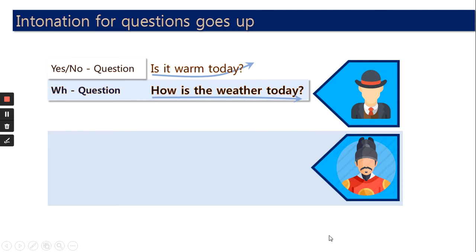How about in Korean? We also have yes-no questions and WH questions. So for a yes-no question, 오늘 날씨가 따뜻합니까? 따뜻하다 is warm. So 오늘 today, 날씨 weather, 가 subject marker, 따뜻하 is the root adjective, and because this is formal polite, we use ㅂ니까 for questions.